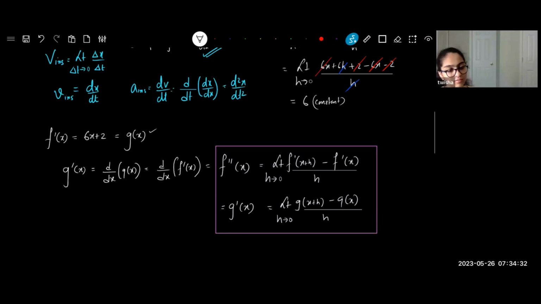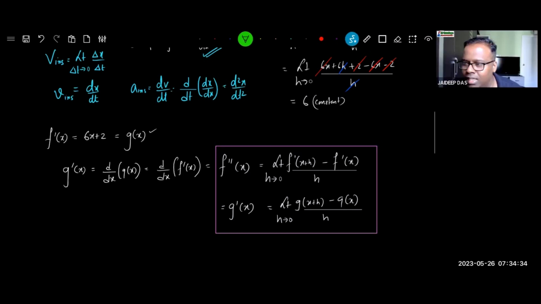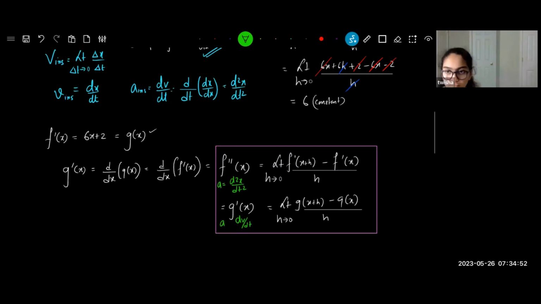If you try to marry kinematics a little bit, then I'll say that acceleration is the first derivative of velocity or the second derivative of displacement. This is the concept that I'm trying to bring.